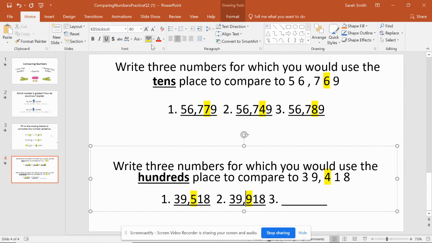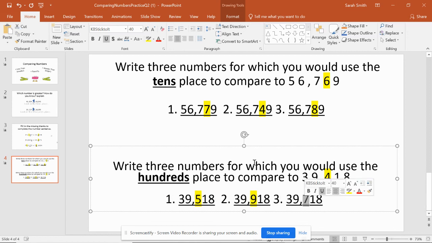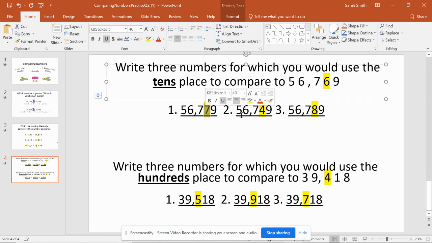I'm just trying to keep it simple though for you guys and only change the place it tells you to compare. So again, 39,000 cannot change because we're using the hundreds place. The only digit that should change is the hundreds place. If it's the tens place that you're comparing to, that's the only place that should change.